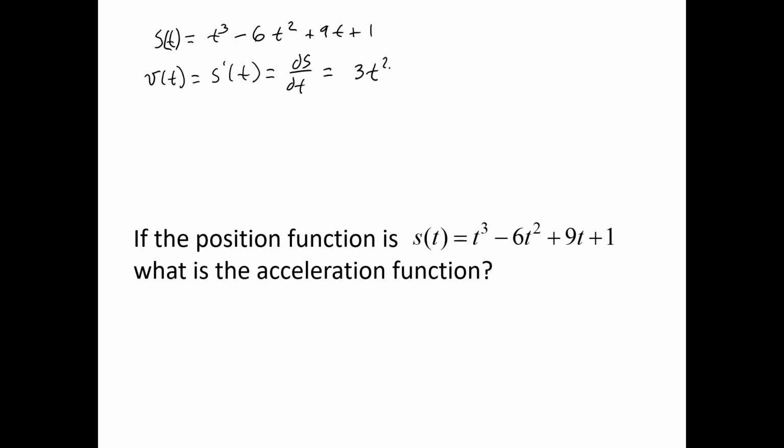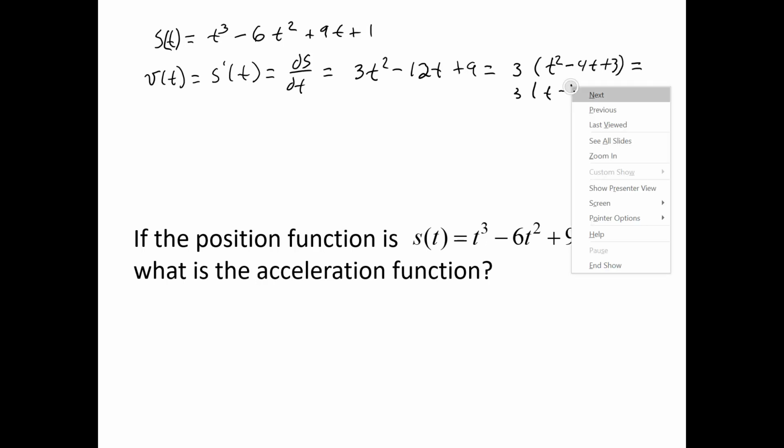3t squared minus 12t plus 9, which we said we could factor out a 3, and we said that we could then write this as t squared minus 4t plus 3, and this was then 3 times (t minus 1)(t minus 3).